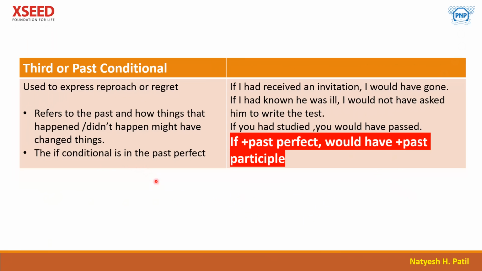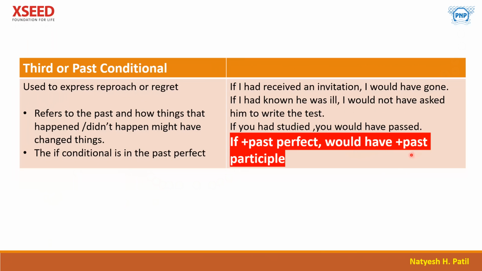The if conditional is in the past perfect. In the last case we used past tense, here we are using past perfect. Just see, if I had received an invitation, I would have gone. Here had is there, we know for past perfect we need to use had. If I had known he was ill, I would not have asked him to write the test.